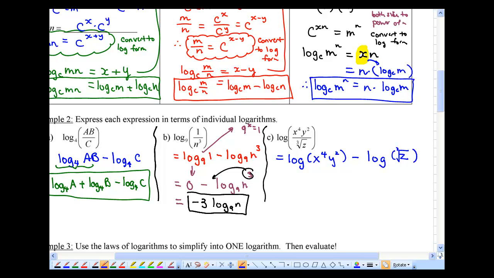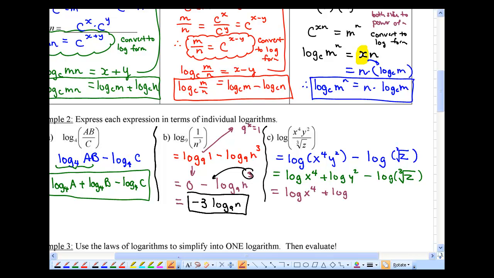If you did division, I'm happy. If you then saw the multiplication, I'm happy. Then I'm thinking this cube root we can change. So let me just rewrite this.